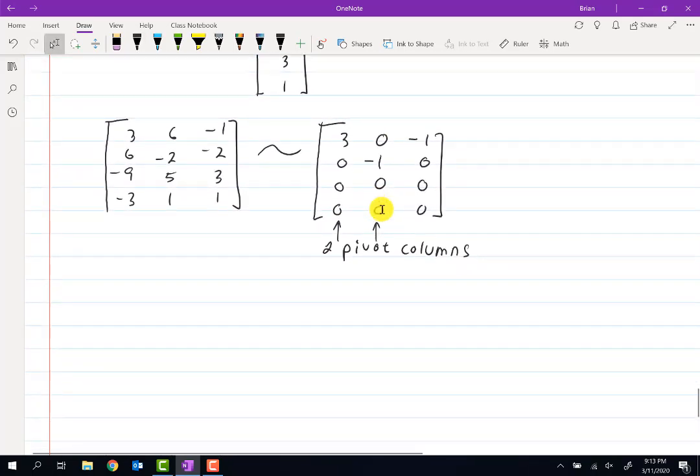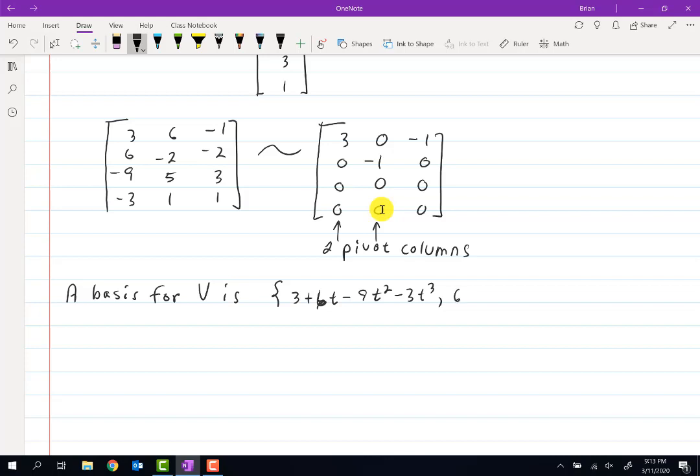So a basis for V is 3 plus 6t minus 9t squared minus 3t cubed, comma, 6 minus 2t plus 5t squared plus t cubed. And the dimension of V was equal to 2. I don't know if I said it on the previous example, but that dimension was obviously 2 as well.